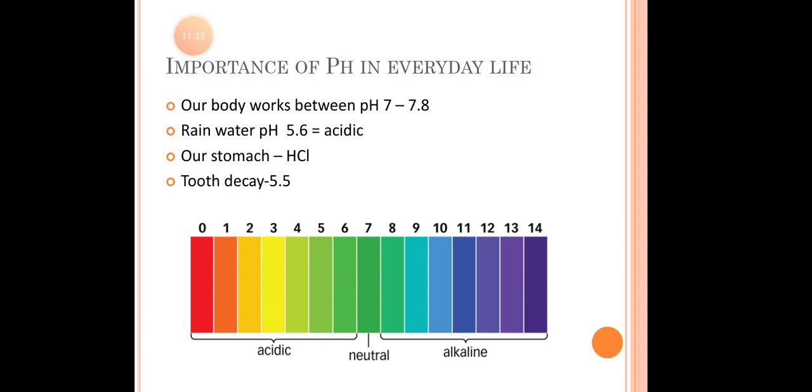Now, our stomach has hydrochloric acid. The stomach walls produce hydrochloric acid to help us in digesting the food we eat. So, acid is present in our stomach. Regarding tooth decay, we'll see in the next slide. From this we understand pH is very important in our everyday life.